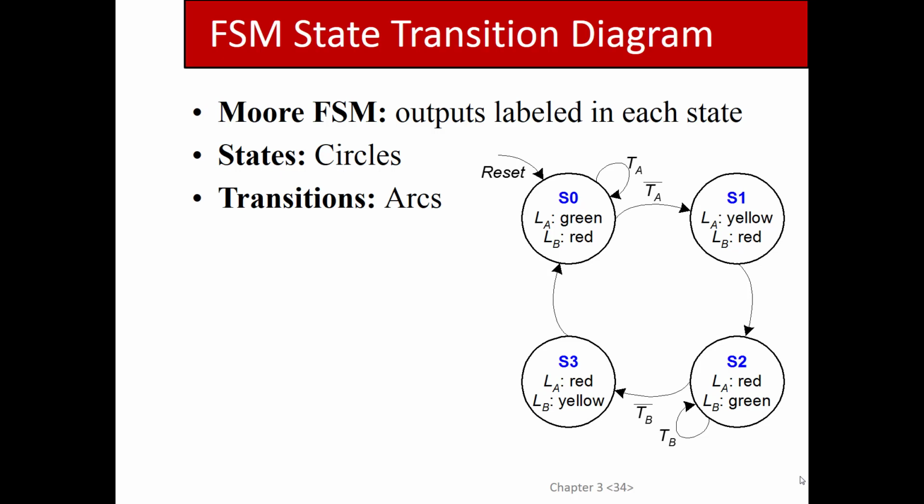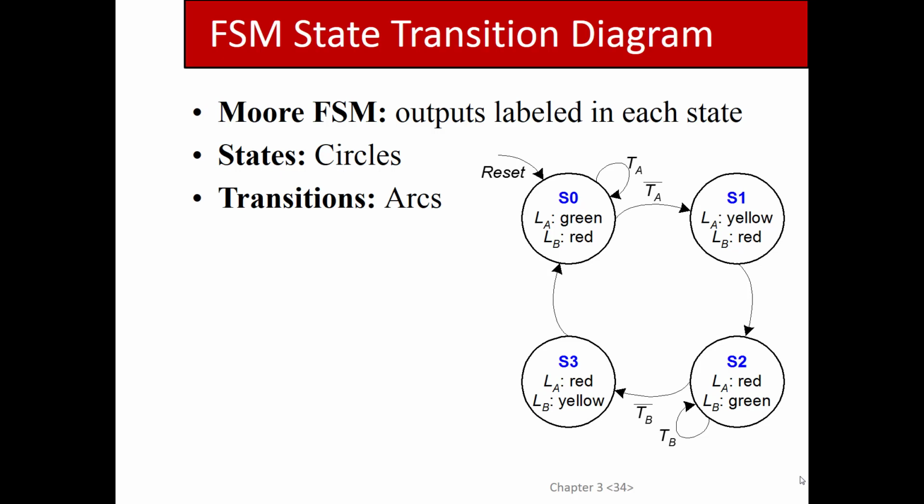Notice I can't go from S0 to S2 or S3. That's illegal, right? The state machine won't do that. If I'm in S1, then both my inputs are don't care, and I'm going to go to S2, right? So this row represents the transition down from S1 to S2.